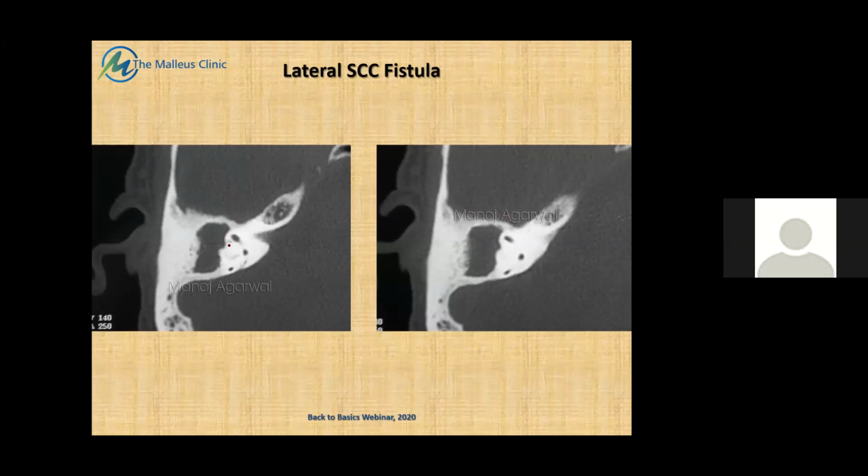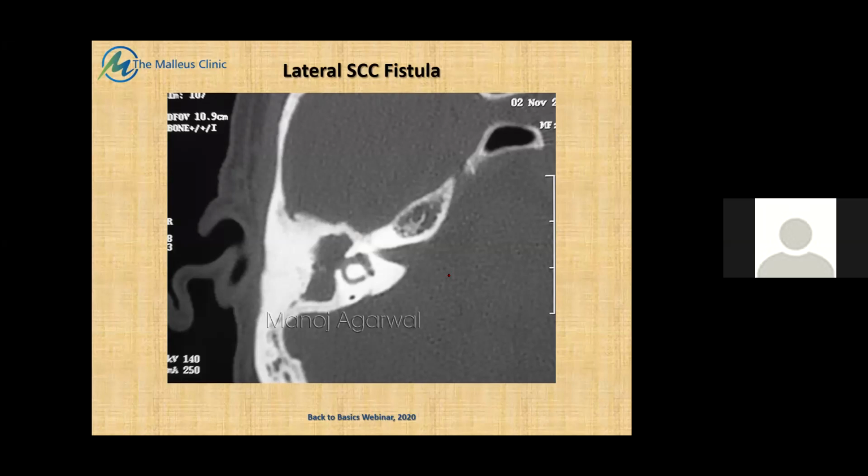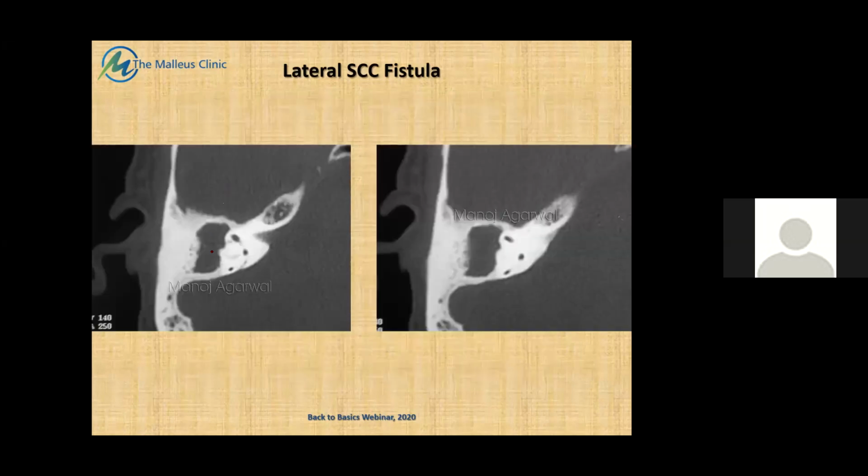So you can see the faint shadow of the lateral semicircular canal, but what you see more importantly is this dimpling in the bone over the lateral semicircular canal or of the otic capsule. So even if the CT scan does not demonstrate a frank fistula like this, a dimpling over the lateral aspect of the otic capsule should definitely raise the index of suspicion, and you have to consider a lateral semicircular canal fistula in such patients.